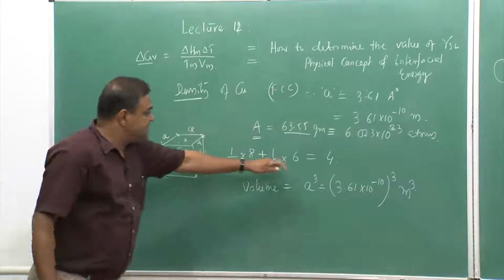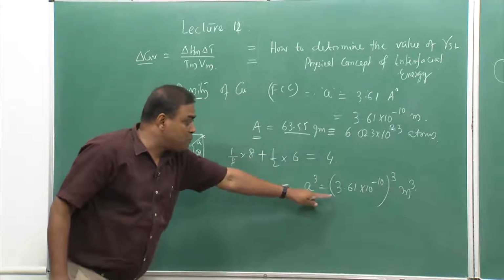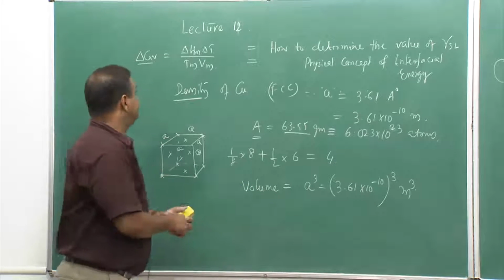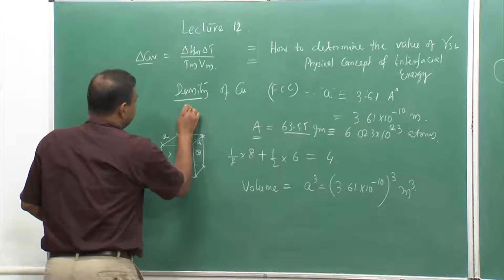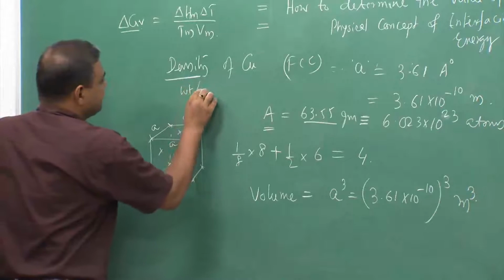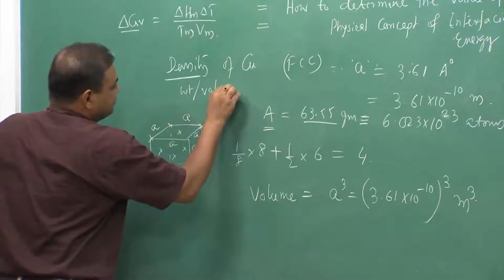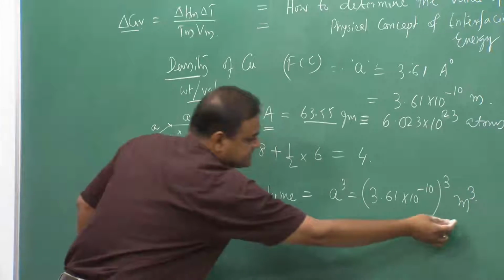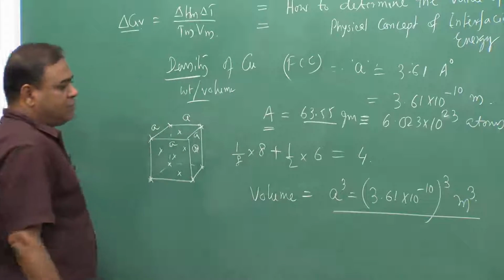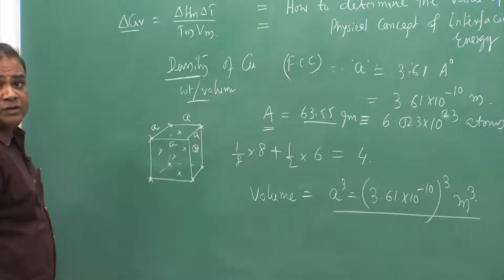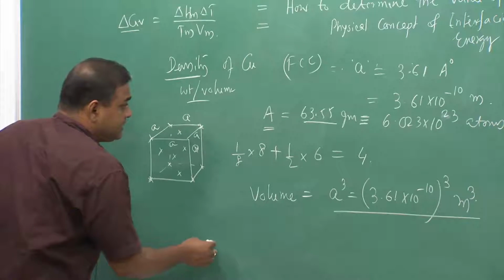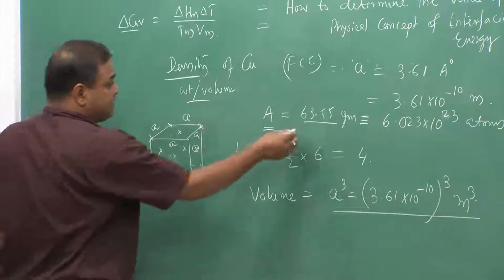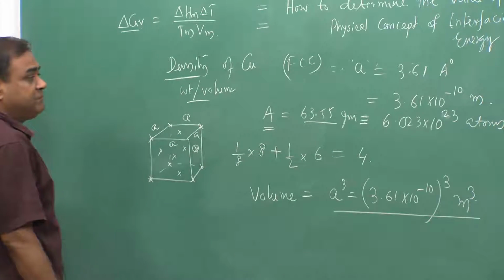So, that means 4 atoms are occupying this much volume, and density is what? Density is weight divided by volume, or the mass divided by the volume. Now, this information we can use. So, these many atoms is equivalent to 63.55 gram.